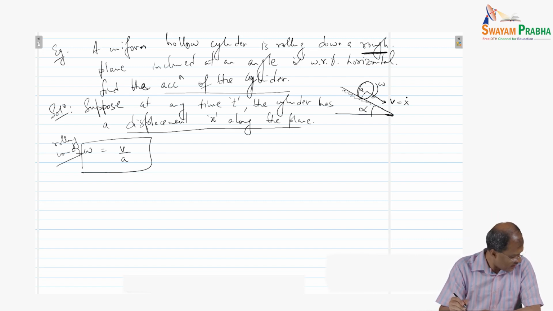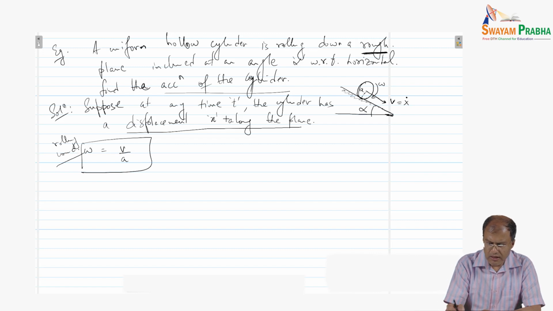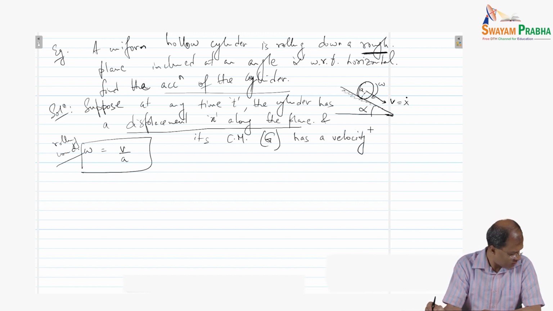Okay, so let us continue and complete this statement of our assumptions here. The cylinder has a displacement x along the plane, and its center of mass G has a velocity v, which is x dot, down the plane.